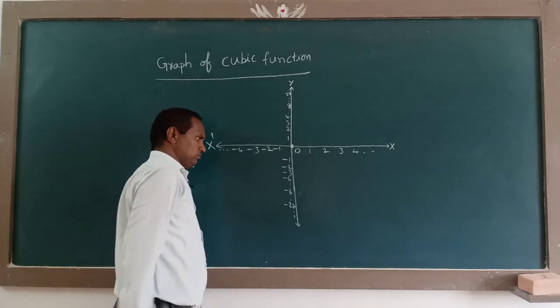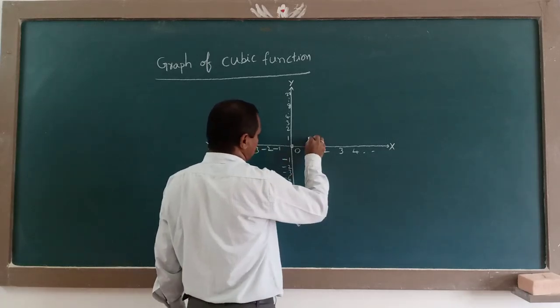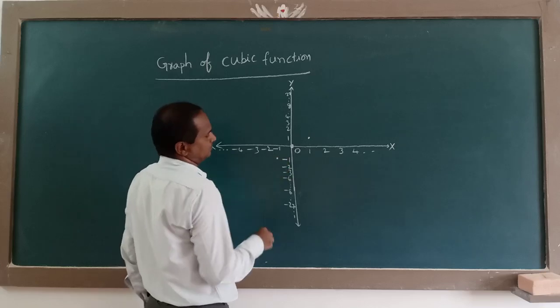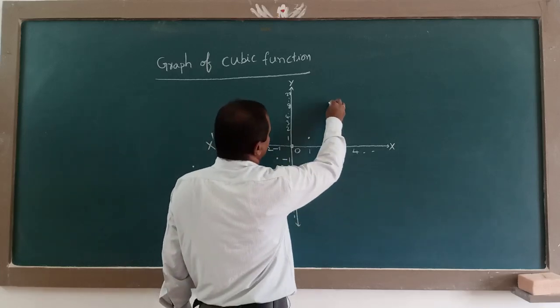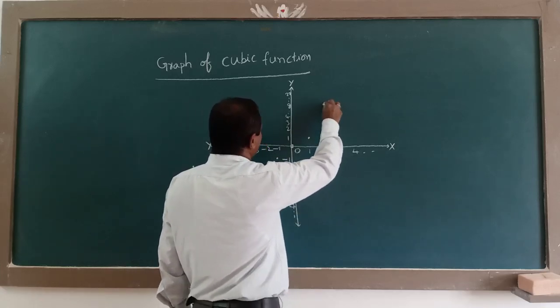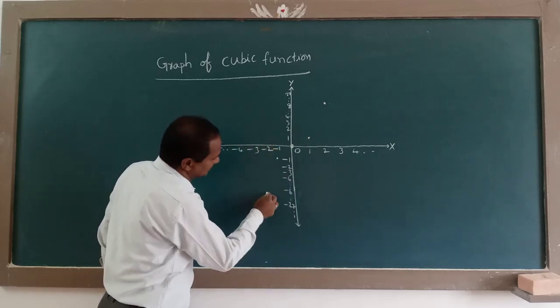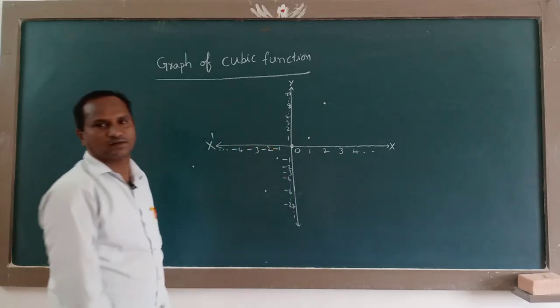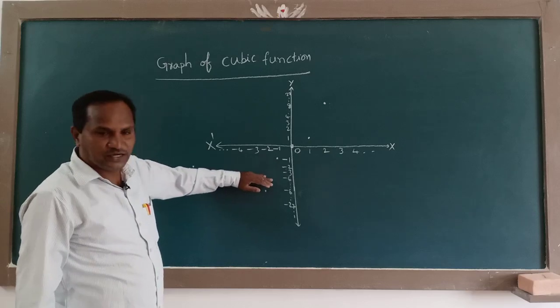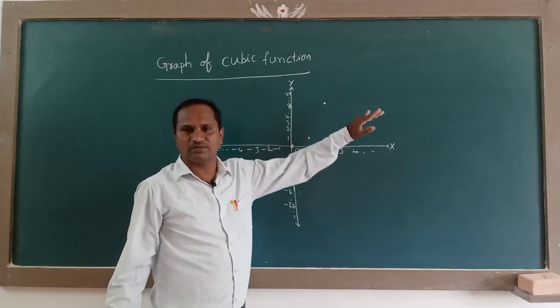Exactly 0 to 0. 1 cube is 1, minus 1 cube is minus 1. 2 cube is 8 and minus 2 cube is minus 8. Like that, this side is negative numbers and this side is positive numbers.